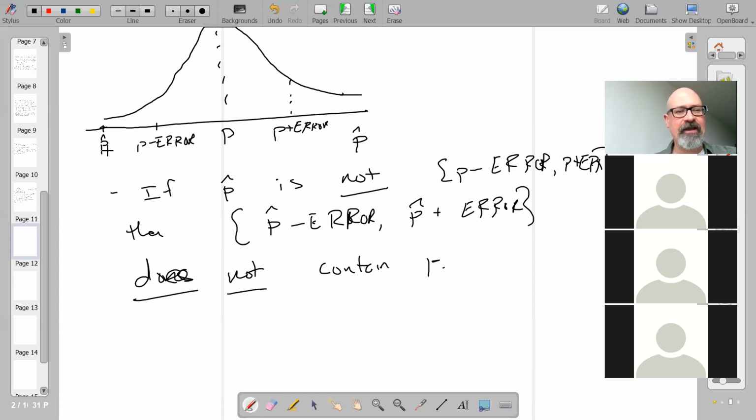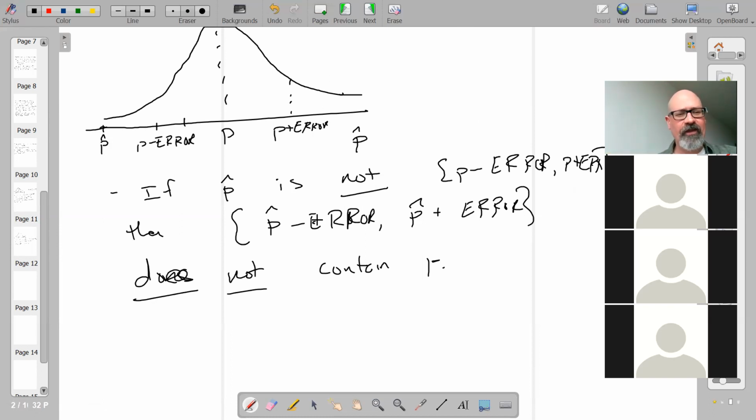So P hat is over here. The error term, the right-hand endpoint, P hat plus the error term, would not go far enough to the right to contain P. I don't know if that answers your question, Lily, but you're right. Your interval doesn't have to contain P.